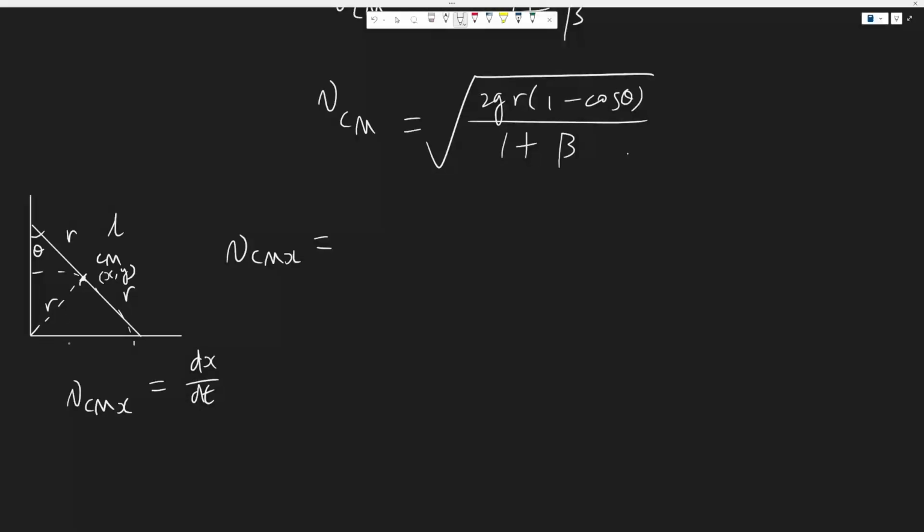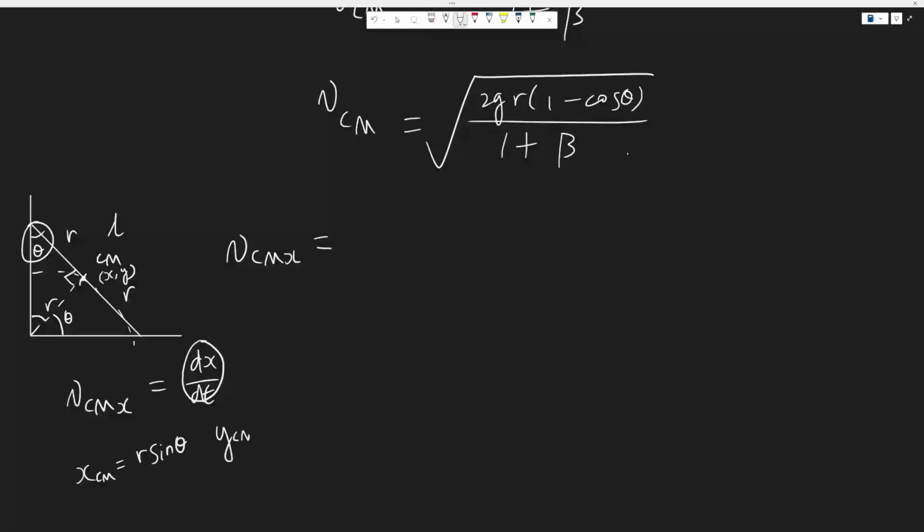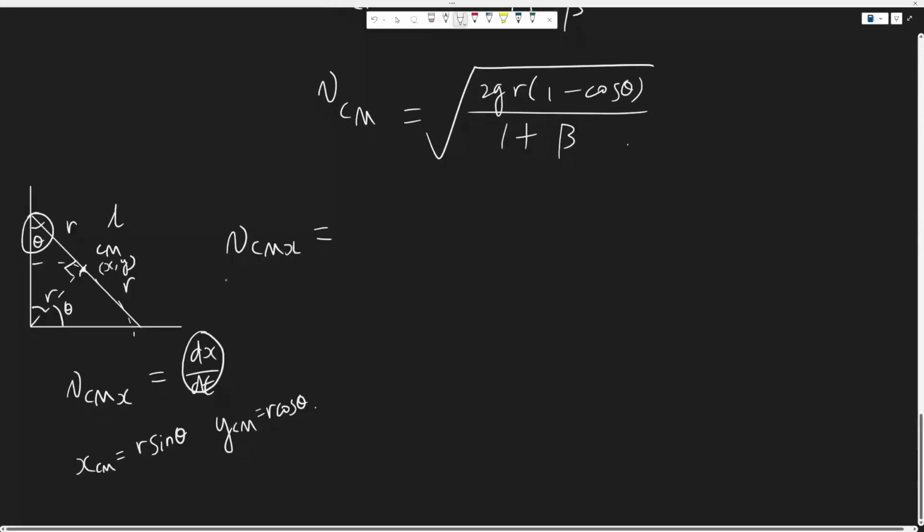And so to find this expression, let's first find the expressions for x and y. Remember, this is theta, a right angle, 90 minus theta, and so this is theta too. So we know x of the center of mass equals r sine theta, and y of the center of mass equals r cosine theta. So that's like the unit circle, sort of.